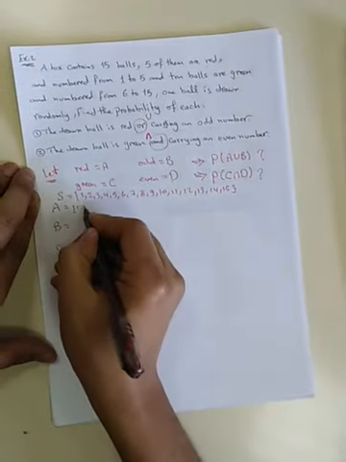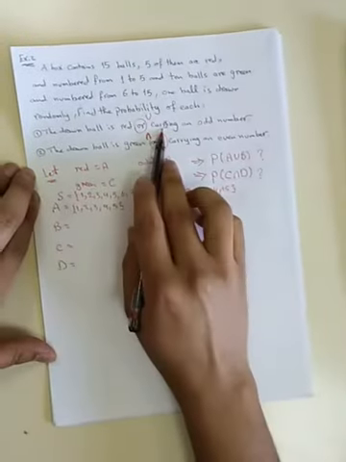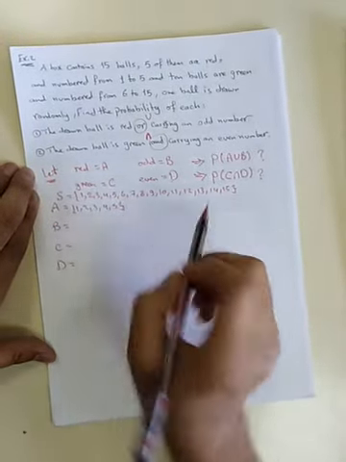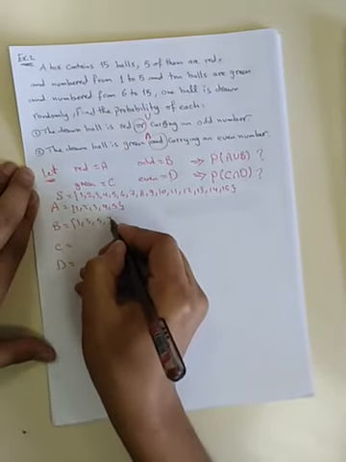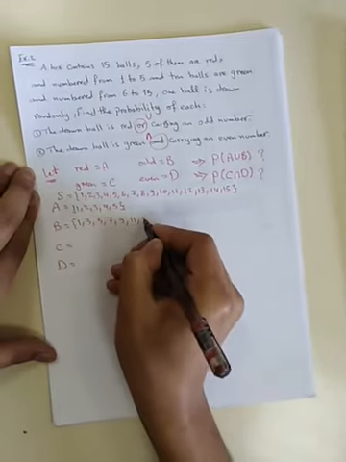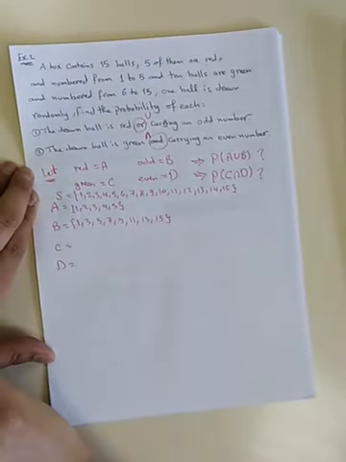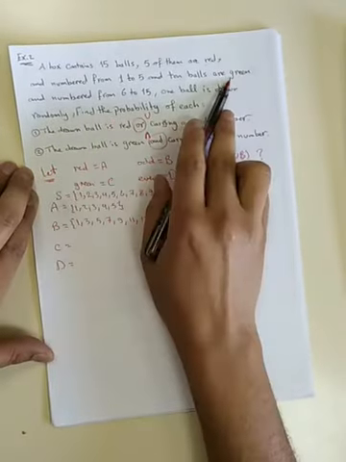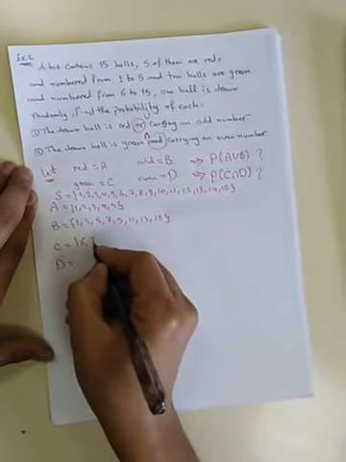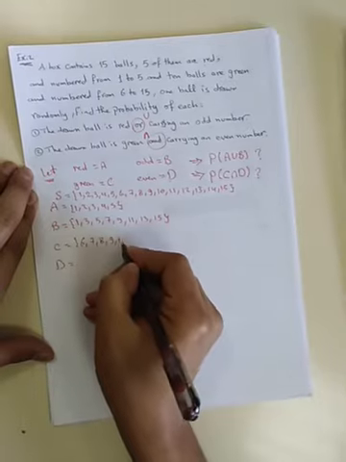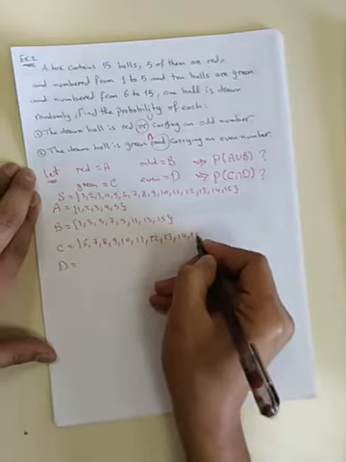Then A is 1, 2, 3, 4, and 5. B denotes the odd numbers in the sample space: 1, 3, 5, 7, 9, 11, 13, and 15. C is the green, numbered from 6 to 15: 6, 7, 8, 9, 10, 11, 12, 13, 14, and 15.